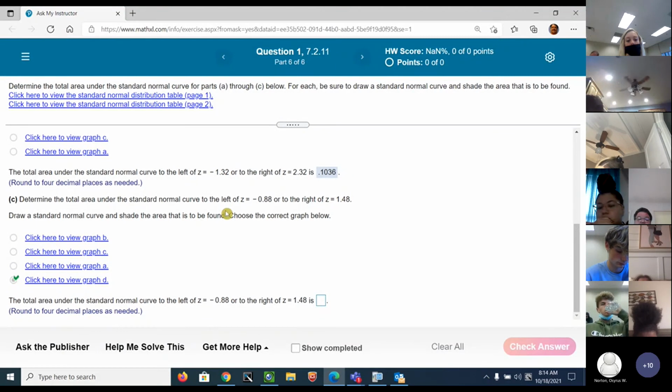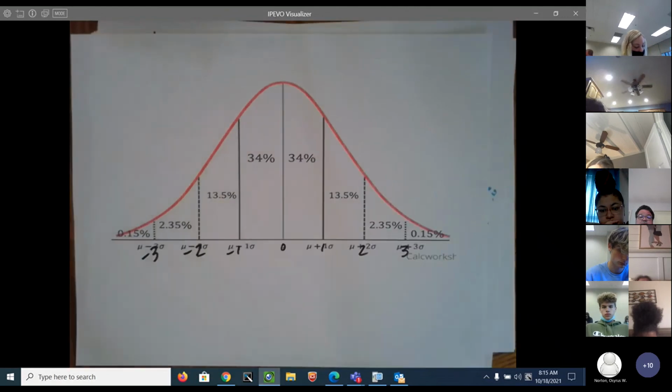So take my handy dandy drawing, and I'm going to do negative 0.88. So 0, 1, 2, 3, negative 1, negative 2, negative 3. Let me scroll this up as far as I can go. And there's my drawing. Trying to do everything on the drawing so you can see it.